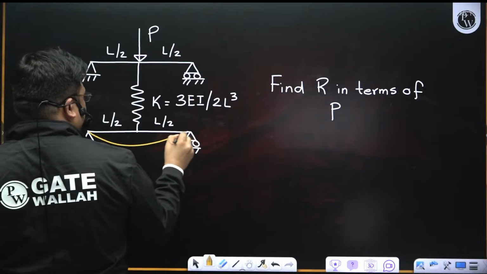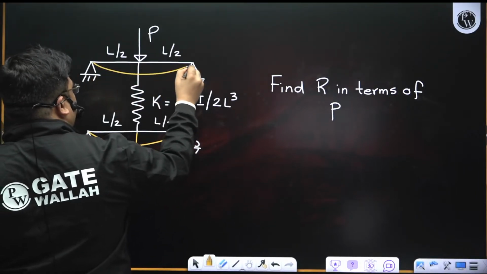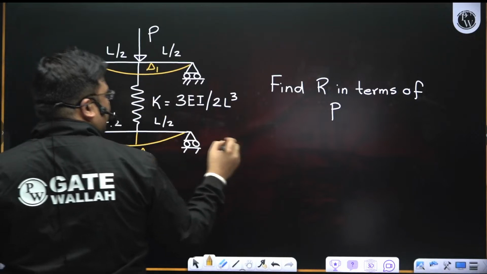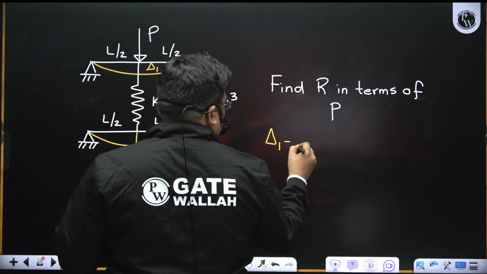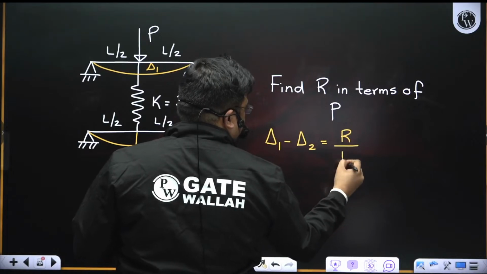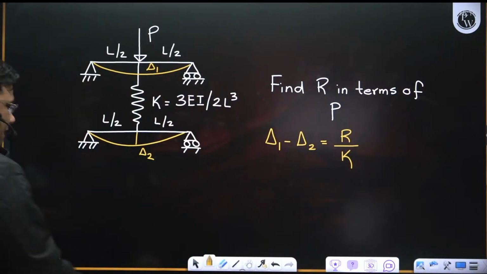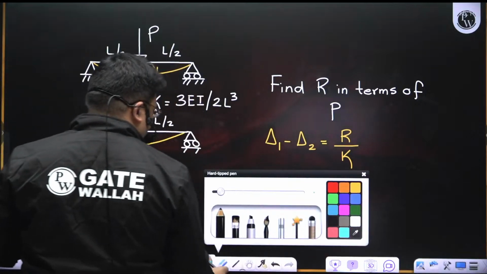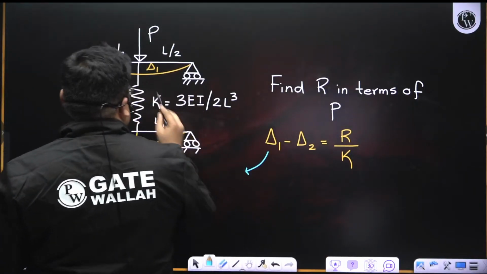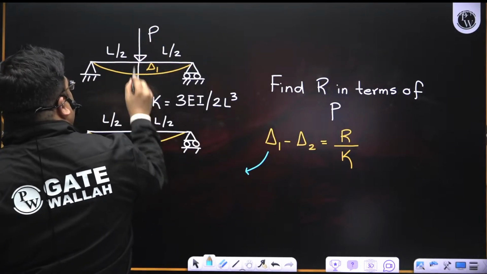If this deflects by delta 2 and this deflects by delta 1, then delta 1 minus delta 2 is equal to the compression in the spring, which is R by K, right? And then delta 1 will be how much? For the first beam, P will be acting and R will be acting.